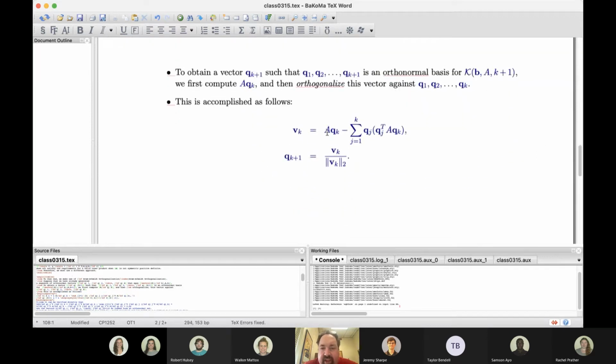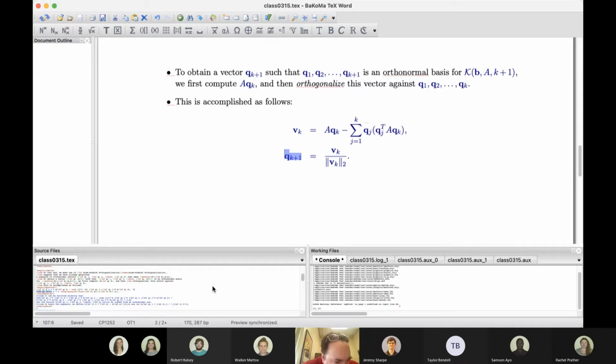I take that vector A q_k, and this is literally the Gram-Schmidt process: I compute these coefficients, the inner product of each previous q_j with A q_k, and then I multiply that by q_j and subtract it off. So now v_k is A q_k orthogonalized against the previous q's. Now it's orthogonal to the other ones. It's not normalized though. It's not a unit vector. So then I normalize it. I divide by its 2-norm, and now q_{k+1} is my new vector.